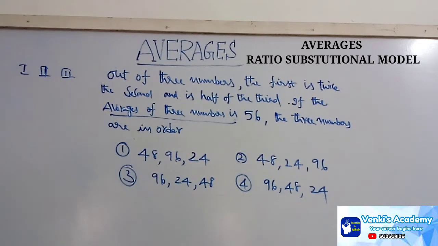Whenever you want to do problems, first of all you have to analyze the given problem. Then only we can get the answer within a fraction of seconds. Suppose you can't analyze the given problem, it may take a long time if you do the calculations method. Here they had given three numbers, and the ratio among these three numbers. The first number is double the second number, and the first number is a half of the third.